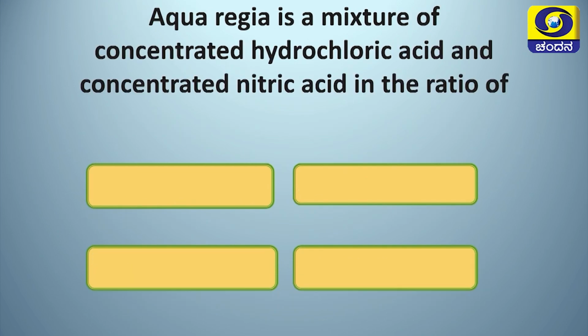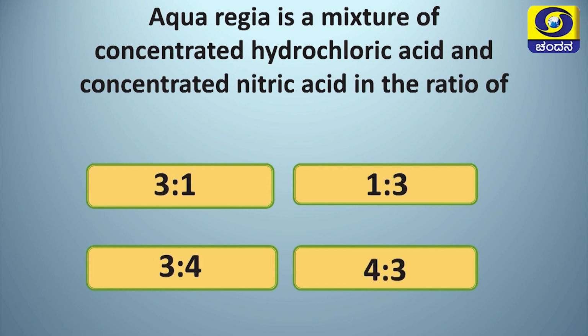Here another question. Aqua regia is a mixture of concentrated hydrochloric acid and concentrated nitric acid in the ratio of. The question is, you have to identify the ratio in which you find hydrochloric acid and nitric acid in aqua regia, and your options are: is it 3:1, 1:3, 3:4 or 4:3?